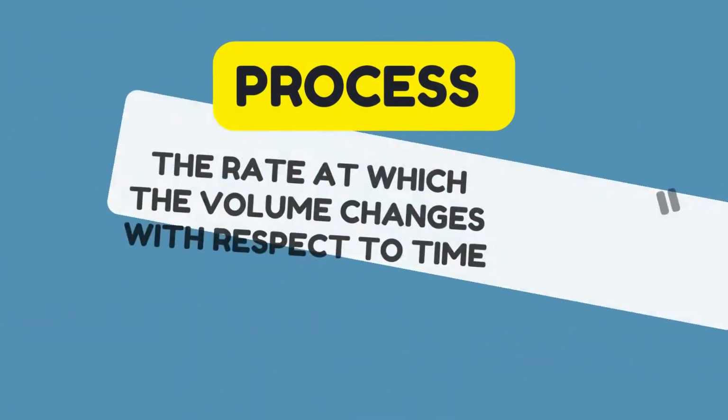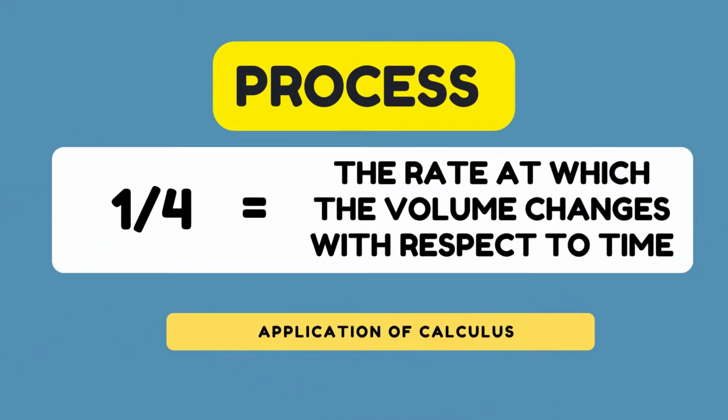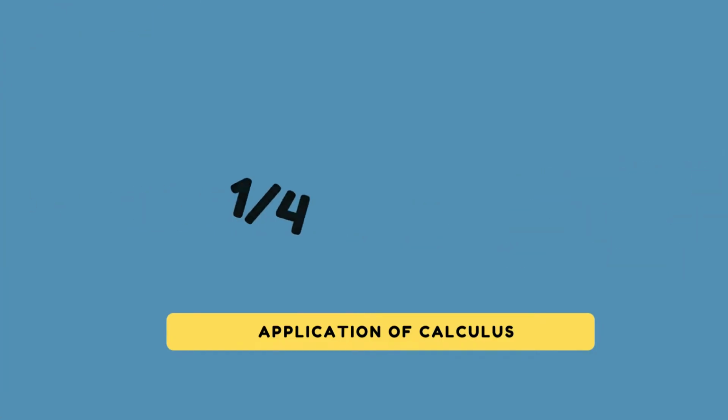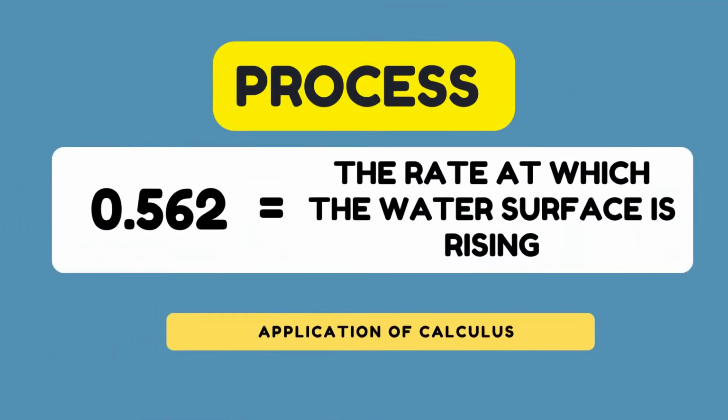As we analyze the worded problem, the volume flow rate was given at 1/4 cubic feet per second, while the rate at which the water surface is rising was given at 0.562 feet per minute.